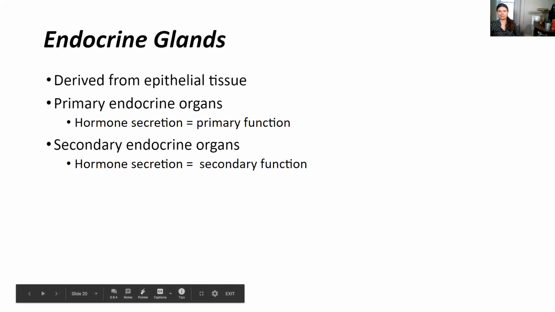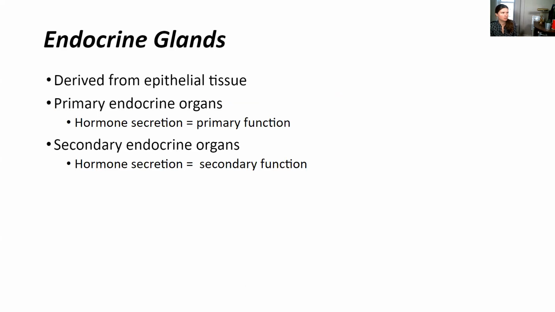So the first thing we want to know is, what is an endocrine gland? I don't know how much you remember talking about signaling in your previous classes, but you may remember that the word endocrine refers to a type of signal sent to other cells in the body, specifically via the blood.